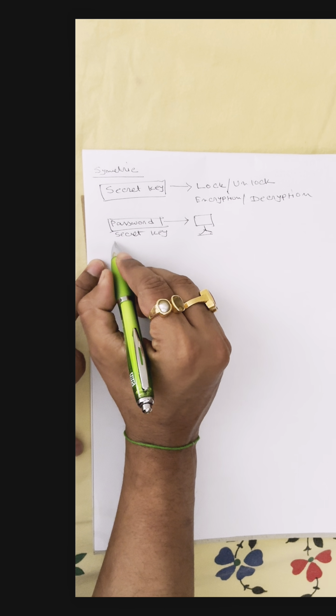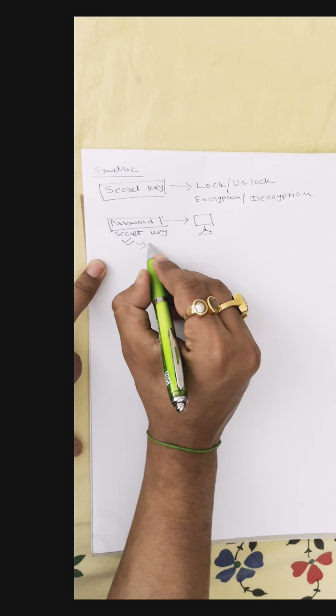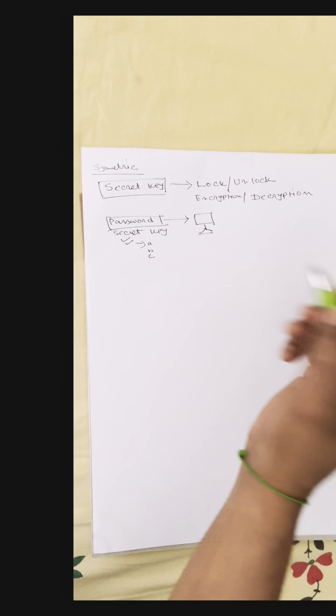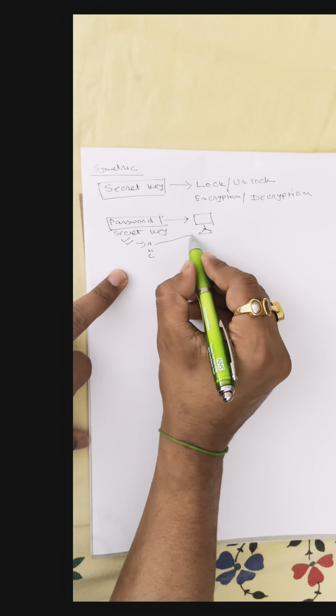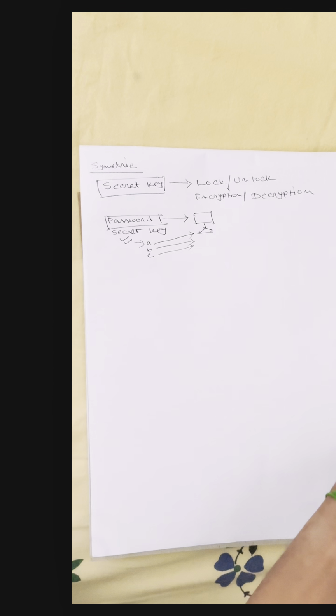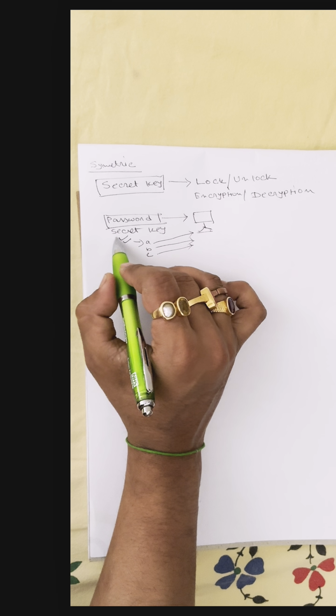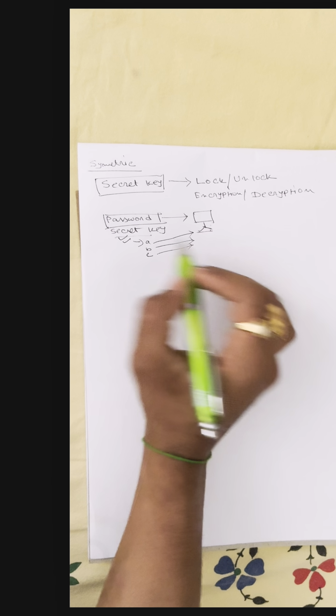The problem is, if you share this secret key with any person, maybe A, B, C, whoever is trying to log into this computer, you cannot identify them, right? Whoever has the secret key can log into your computer.